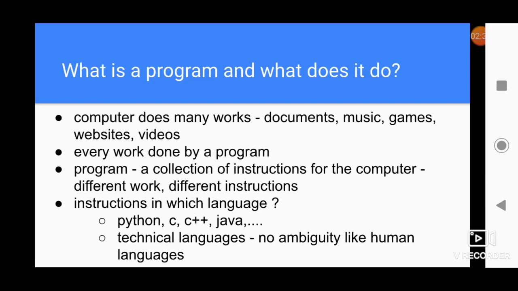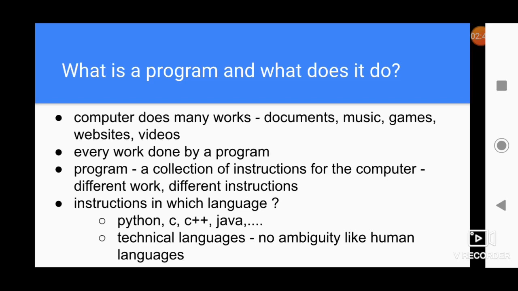So, what is a program? A program is basically a collection of instructions for a computer to carry out. For a different activity you need different instructions.